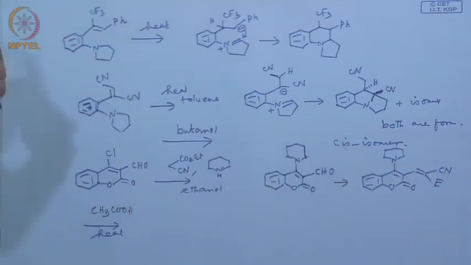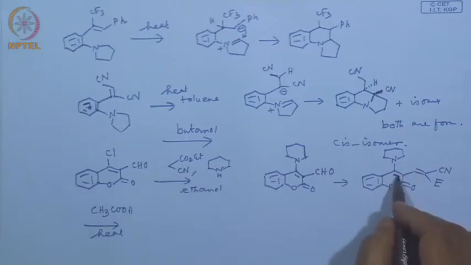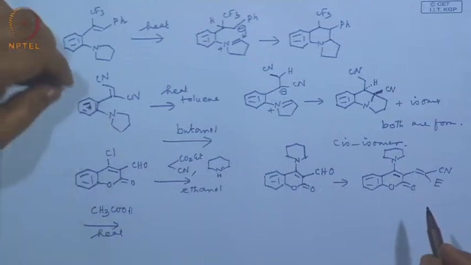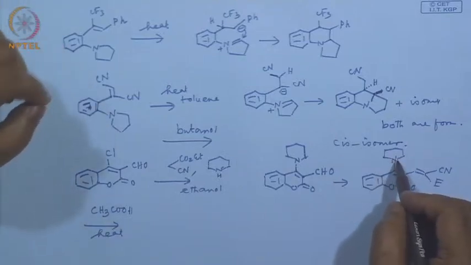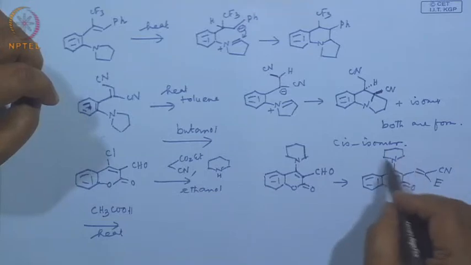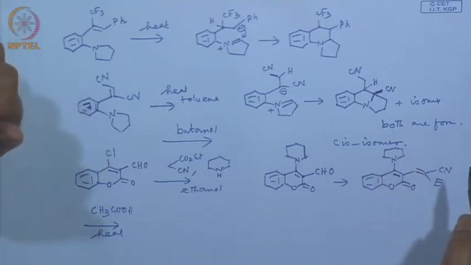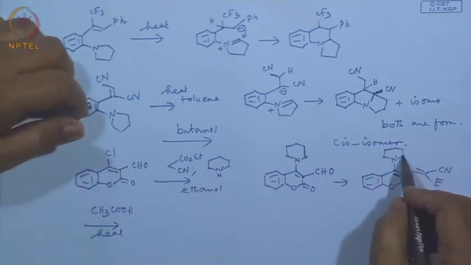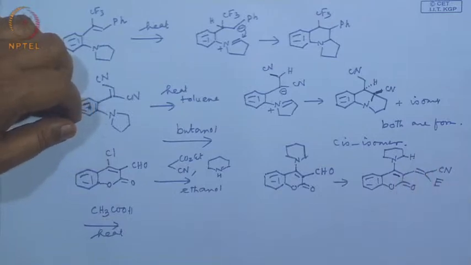We know now the requirements are fulfilled: we have a double bond here, coumarin means benzenoid, and the first thing you have to recognize is this tertiary amine part with an alpha hydrogen.